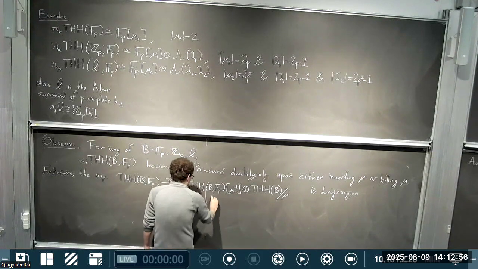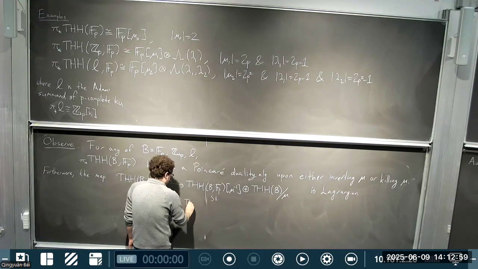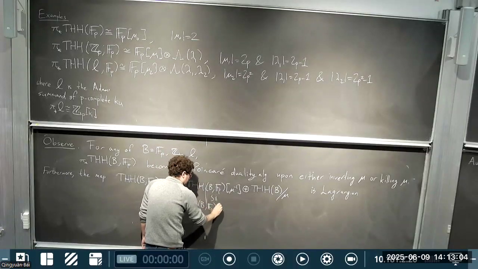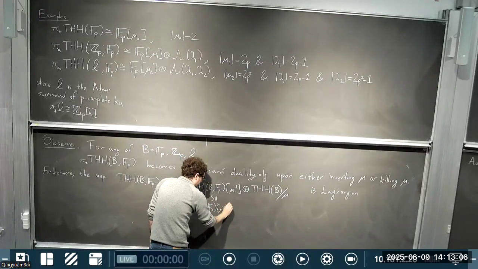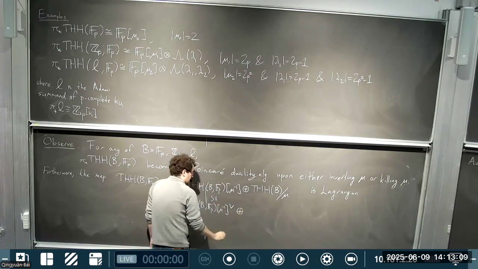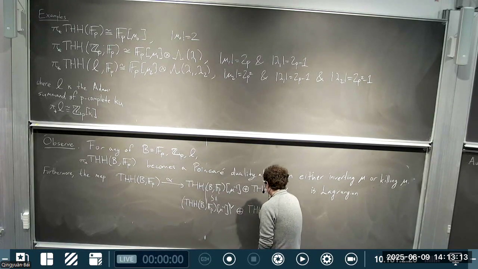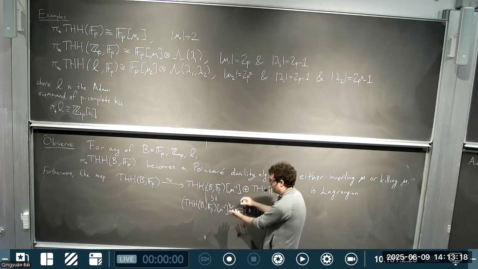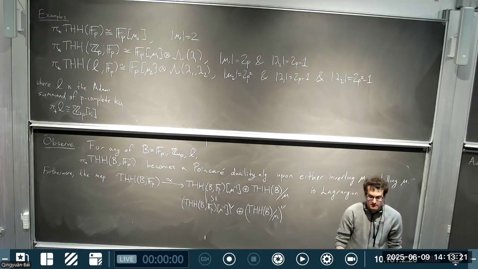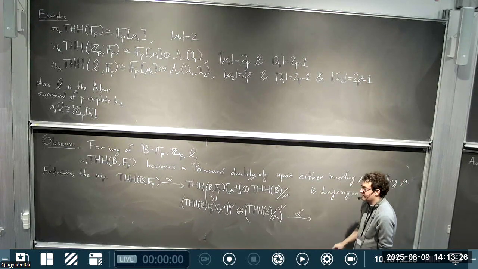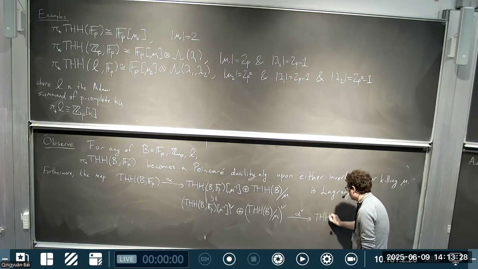Well, I can write down the dual. Again, they're both Poincare duality algebras, so they're identified with their dual, and then I can look at the dual of this alpha map and turn that into the dual of THH.